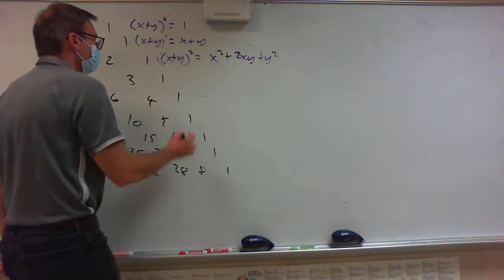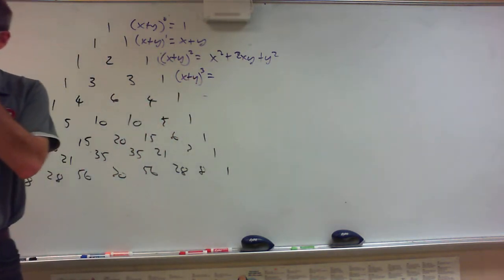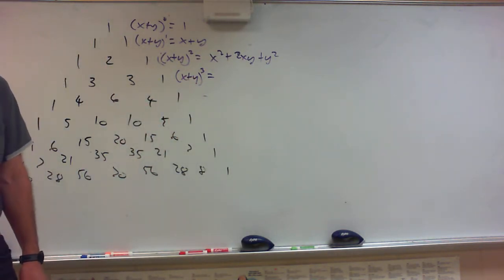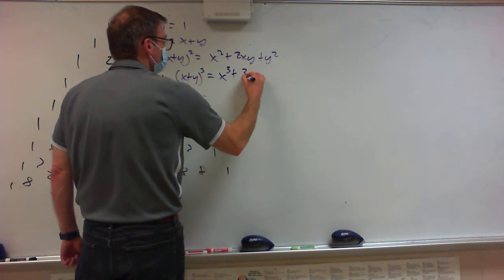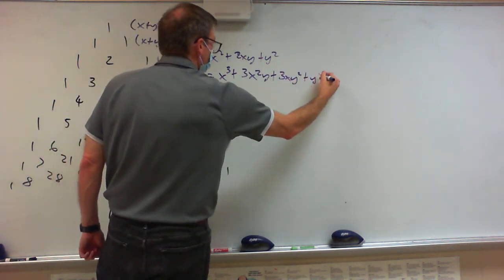Do you remember we did x plus y cubed at the beginning of class? Do you remember what this one was? x cubed plus 3x squared y plus 3xy squared plus y cubed. Do you remember that?